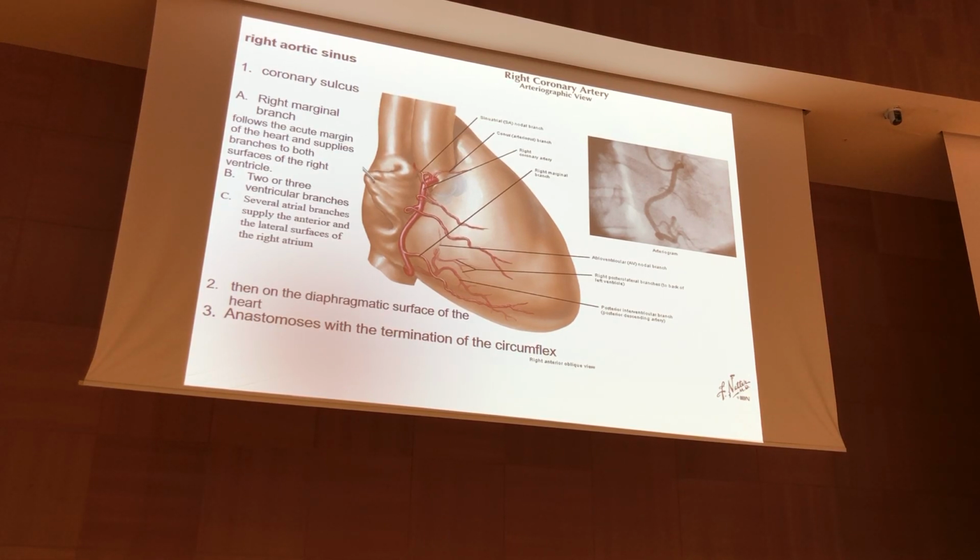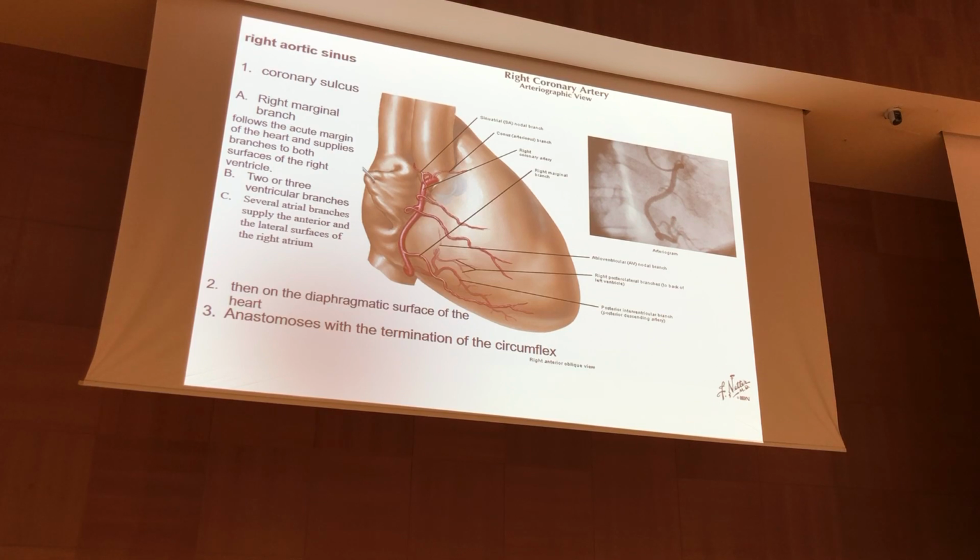So this is the right coronary artery. It's coming from here in the coronary sulcus. It's going to wind around the heart, and it's going to anastomose with the circumflex. But before it does so, it's going to give us this artery. In most people, 80 to 85% of us will have this artery coming from the right coronary artery.